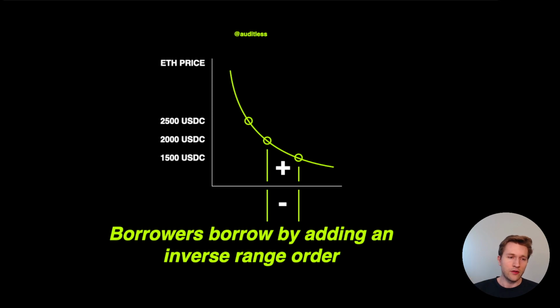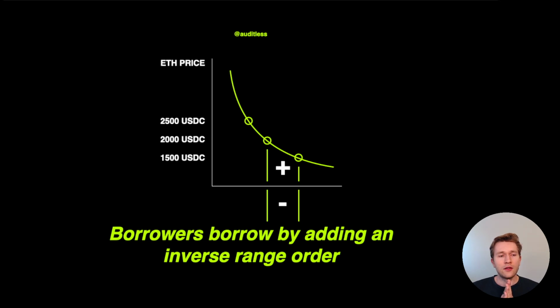And this is where the interesting part comes in. In order to build this collateral-based position, the borrower basically puts up what's called negative liquidity or an inverse range order. So they also pick a range that matches a range of available traditional Uniswap V4 liquidity, which is called positive liquidity.